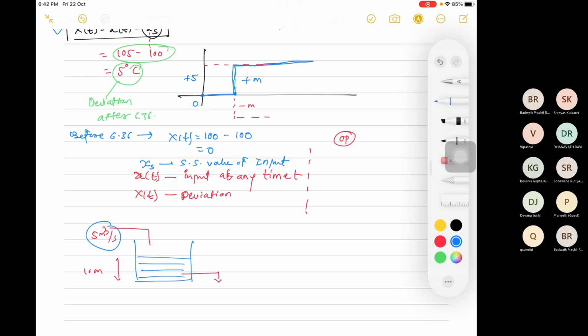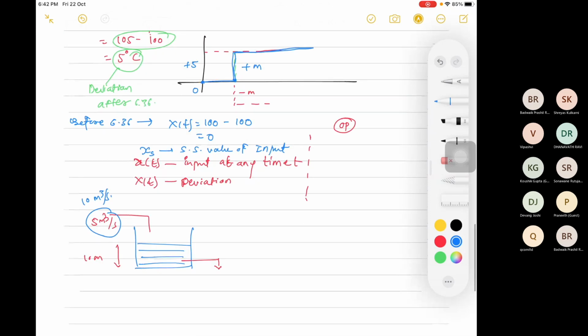Suppose I increase this to 10 meter cube per second, will there be a change in the height? Yes, because I am changing the flow rate, and because of the change in the flow rate at constant outlet, the outlet is the same as it was before. So because of this change in inlet, there is a change in height. So the height will change.